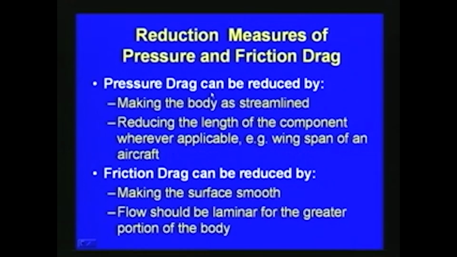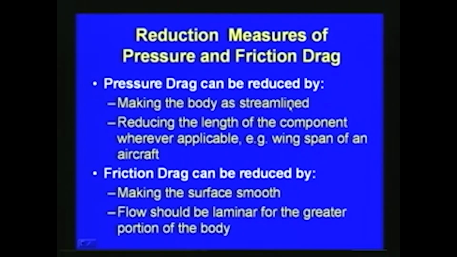As far as drag is concerned, it can mainly be either pressure drag or friction drag. Pressure drag can be reduced by two important steps. First, making the body streamlined. Second, reducing the length of the components where applicable, for example the wingspan of an aircraft.